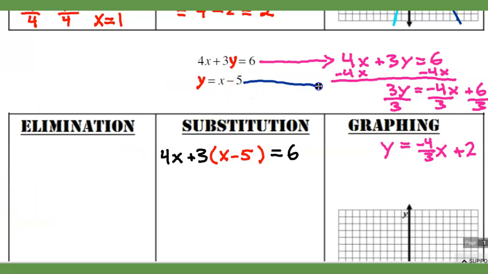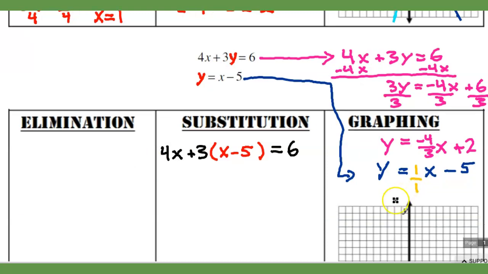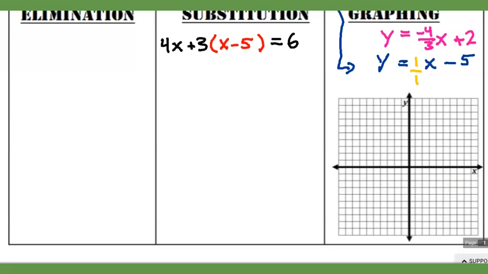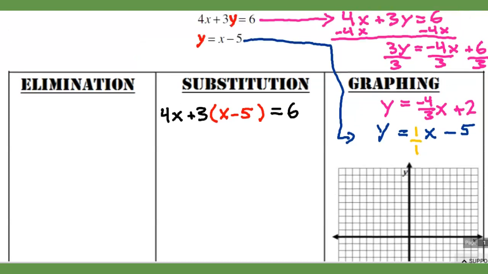And of course we have this one, y equals x minus 5. Already in that format, you just had to remember that the slope here is 1 over 1 when you're graphing. And then lastly, we have the first equation already for elimination.